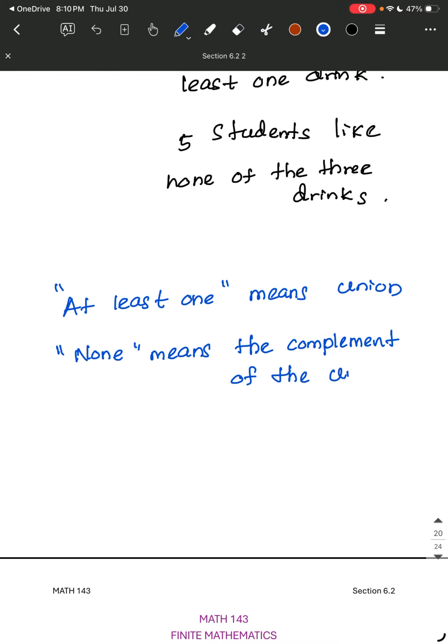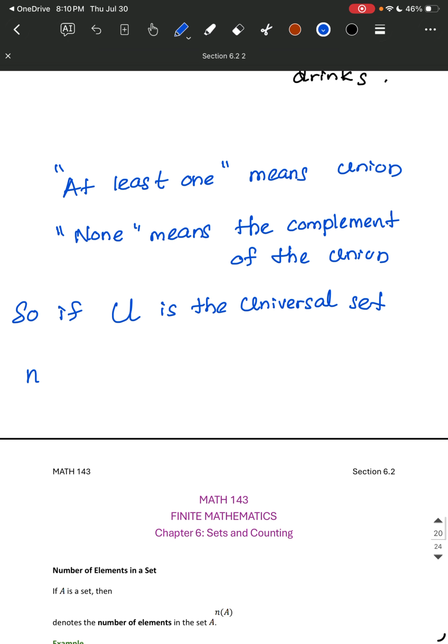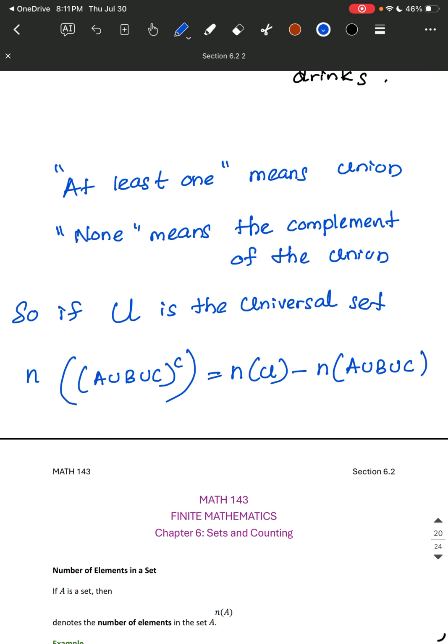So, if the universal set is U, the number of entries in A union B union C complement equals the number of entries in the universal set minus the number of entries in A union B union C for 3 sets. Okay.